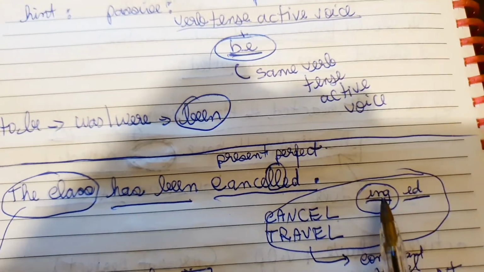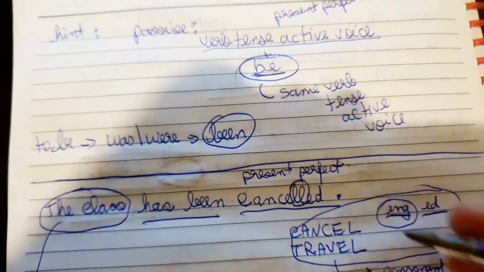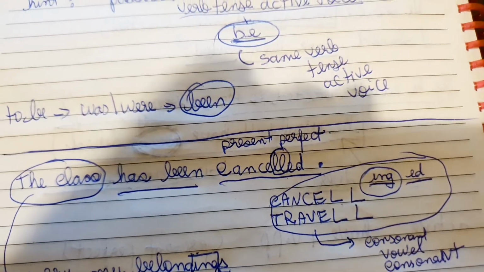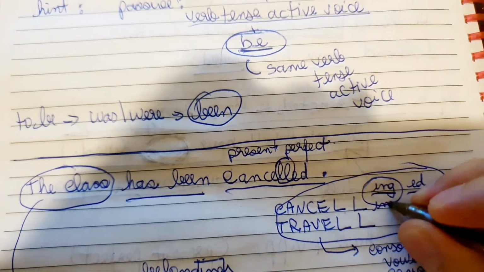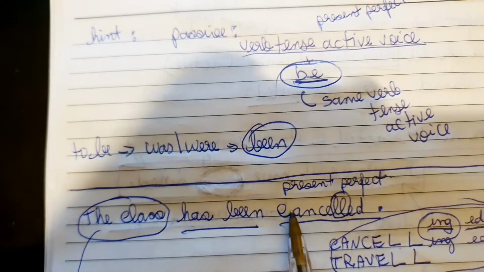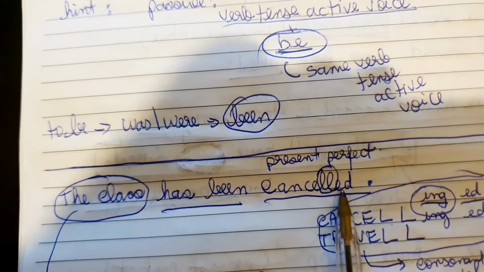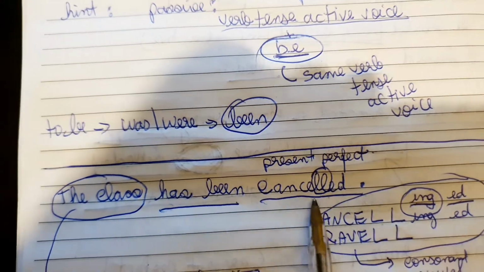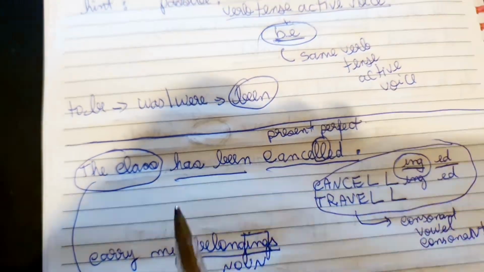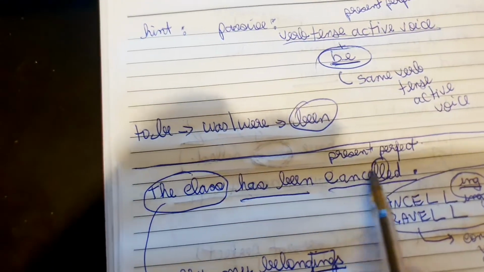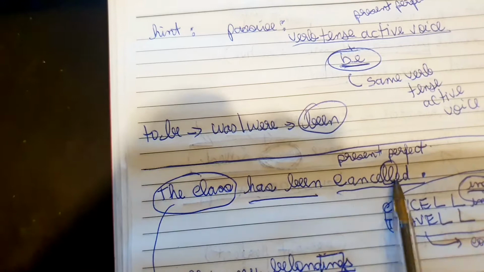So when adding ing or ed, you have to double the last letter before adding ing or before adding ed. That's the reason that you write canceled with double L, okay? So pay attention to the spelling. So this is the present perfect tense. The class has been canceled.